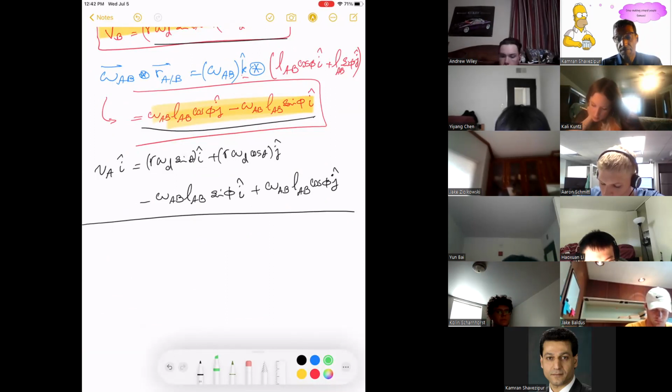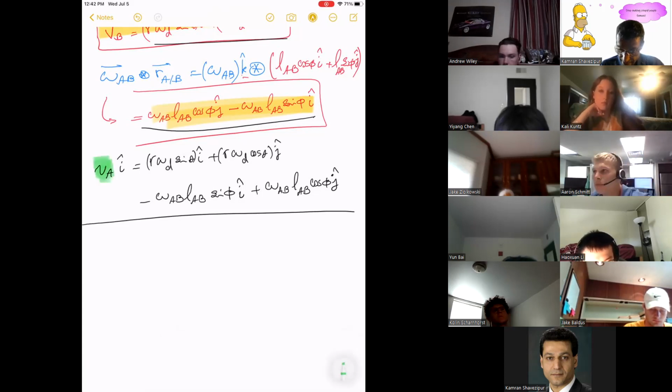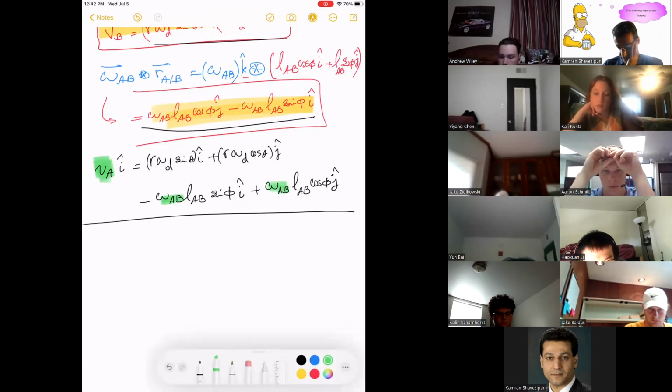So to find acceleration, we have to go with velocity first always, right? So the unknowns are VA and omega AB. Two unknowns. One equation, how are we going to solve this? Any suggestion?